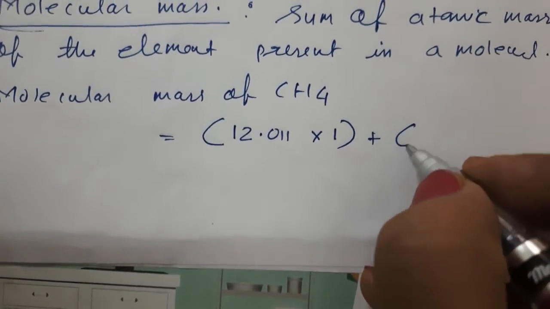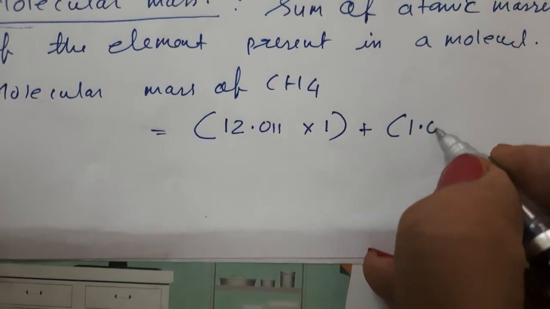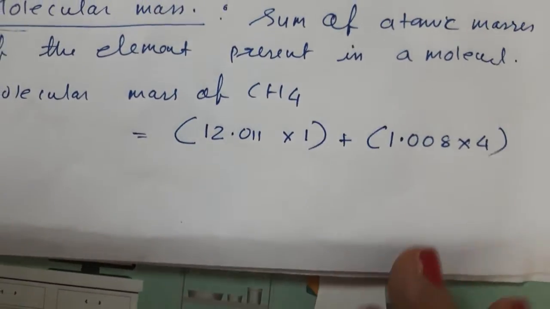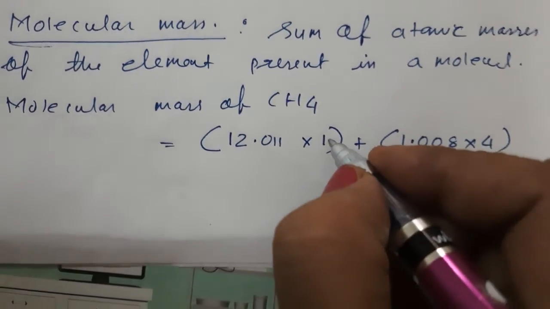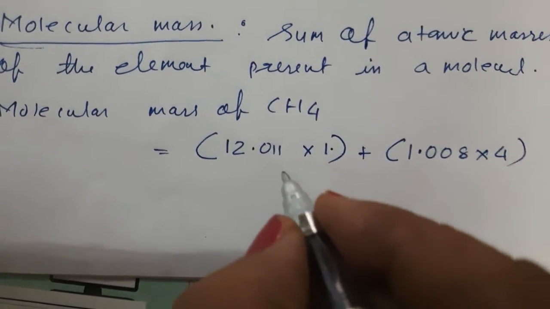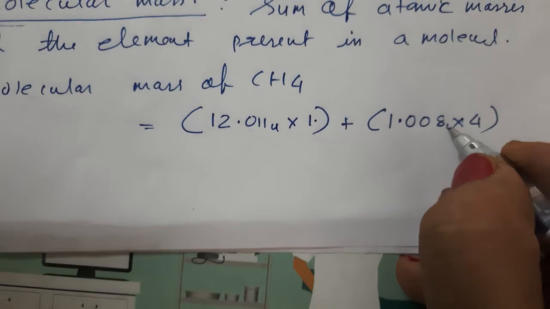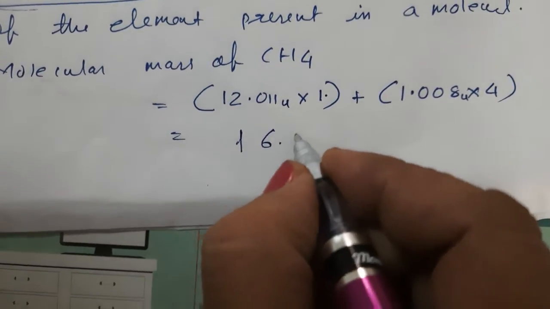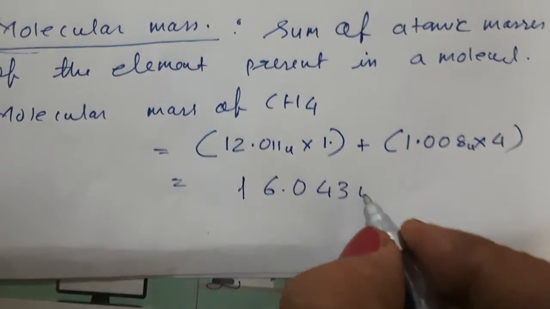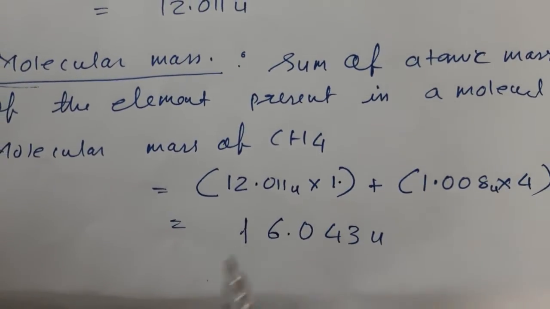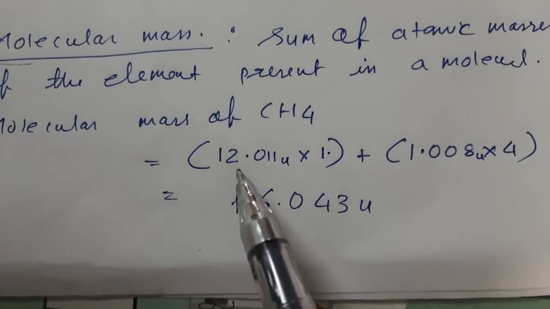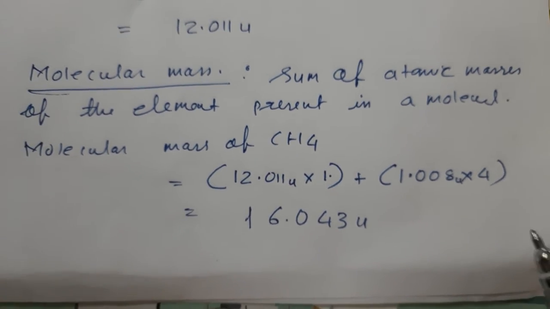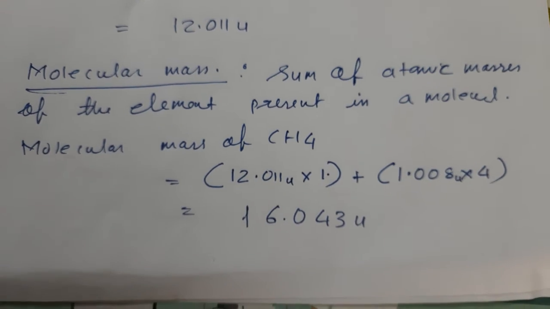Plus H means 1.008 into 4, because 4 atoms of hydrogen are there. This is U and U. So when you add these two, you will get 16.043 U. For convenience, we can also take this as 12 and this as 1 U. So in this way, molecular mass is calculated.